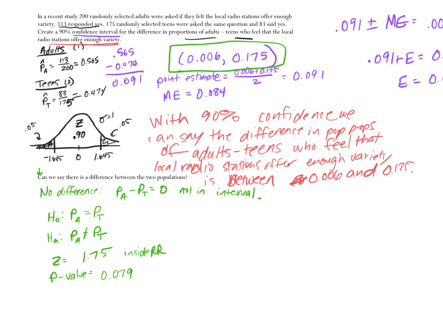And again, that 1.75 right here is inside the rejection region, and my p-value is in fact less than alpha. Both of those would make me say at 10% significance, PA is not equal to PT, because I've rejected that null hypothesis. The alternative is the hypothesis I have support for.